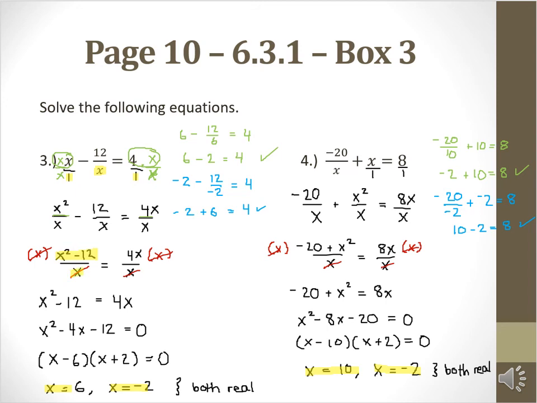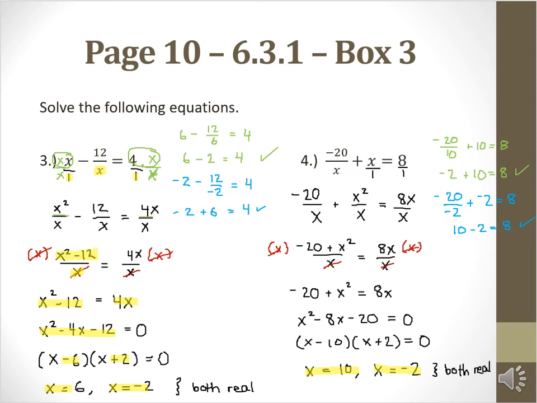From there, cross multiplying, I multiply each side by the opposite denominator, which all happens to be the same. So those x's cancel each other out, and I'm left with x squared minus 12 equal to 4x. Subtracting 4x on both sides gives me x squared minus 4x minus 12. Factoring that gives us x minus 6 and x plus 2.